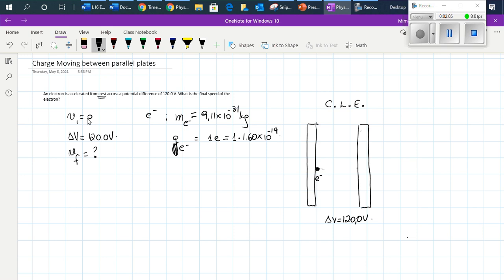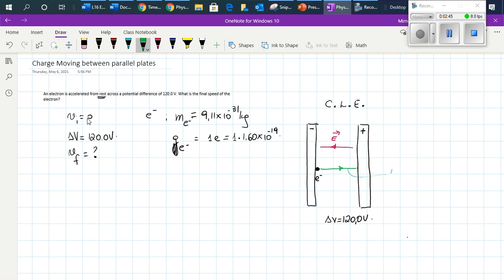Since the electron is starting at one plate and heading to the other, that means that the plate the electron is heading to is positively charged, and the one it was originally on is negatively charged. Why? Because the electron is naturally going toward the higher voltage. On the other hand, the electric field between the two plates is E, going in this case west direction, while the electron is moving toward the positive plate.